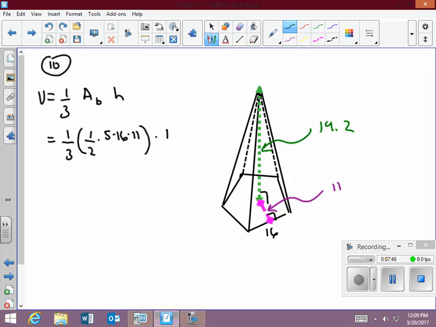And then times the 19.2. So do you understand why the perimeter? Each triangle is actually 1/2 of 16 by 11, and then it's 5 of them. So it turns out to be the perimeter, which is 5 times 16.